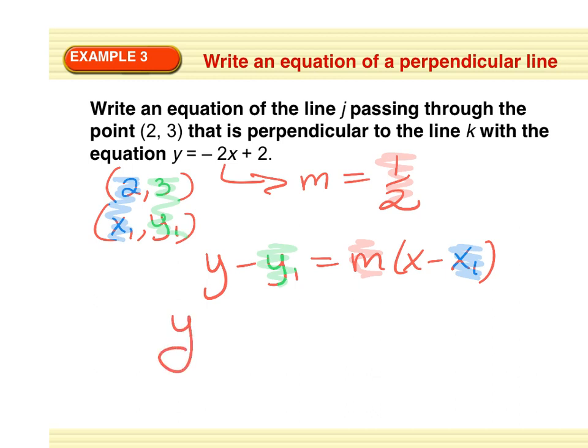So y minus 3 equals, let me make this in green. So y minus 3, let's do this. And then the slope I'll do in red, which is going to be 1/2.